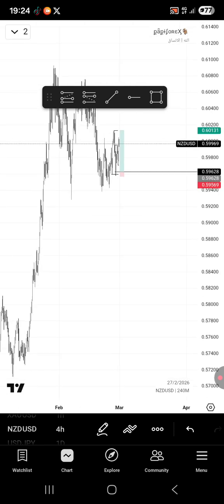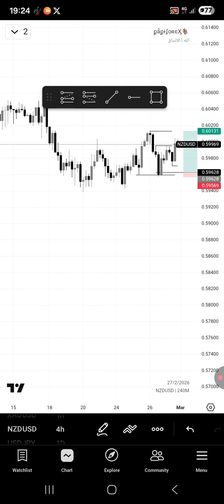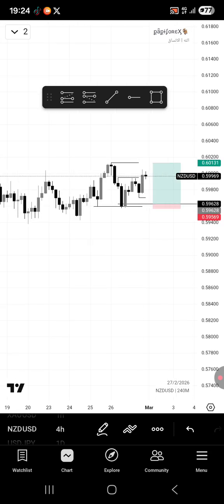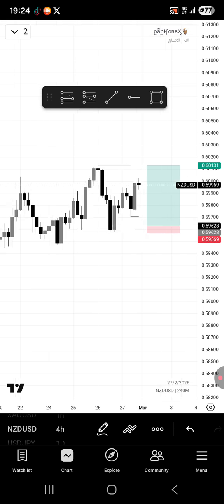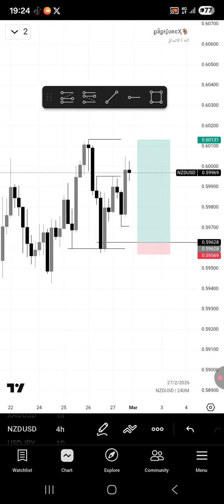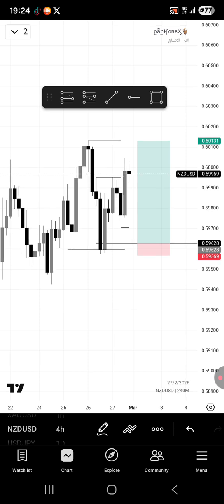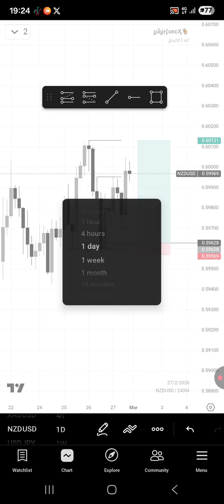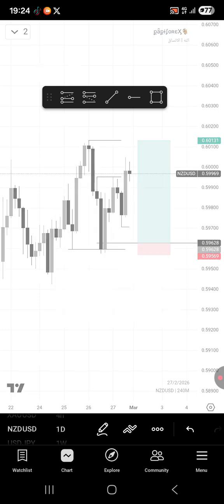Actually, I love mapping structures for my 4 hours because it's very easy for me. That's what works for me. It's just most of the time for my daily. And let's look at NZD daily.